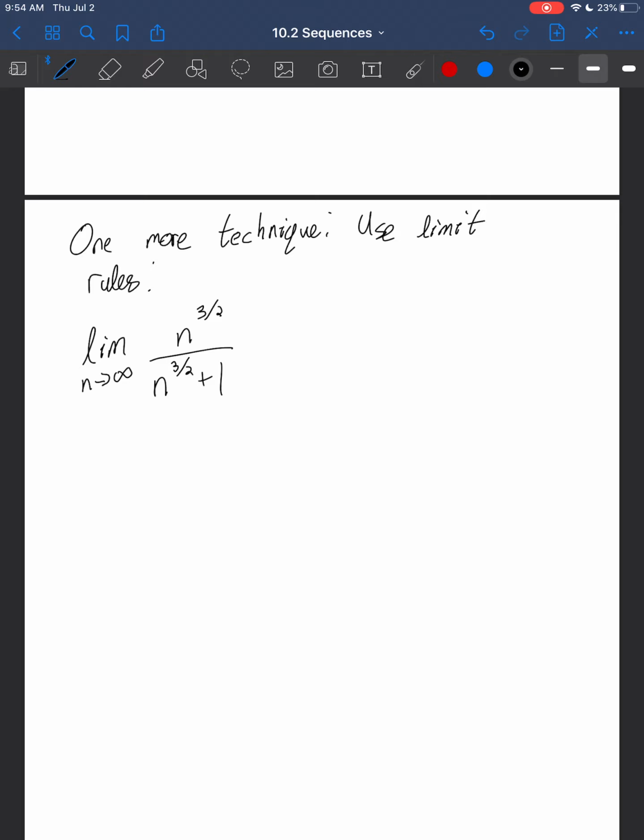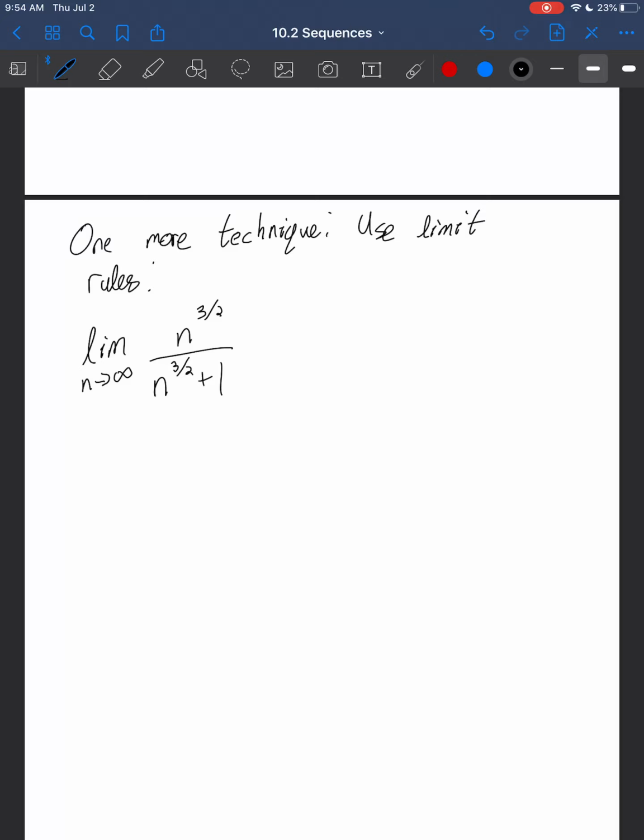So we can't use polynomial rules on this, right? Because these aren't polynomials. We might think to apply L'Hopital's rule to this problem, because we would get an indeterminate form of infinity over infinity for this if we convert this into a continuous function, which is a great idea. That would actually work for this problem.